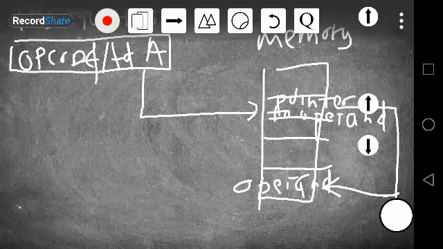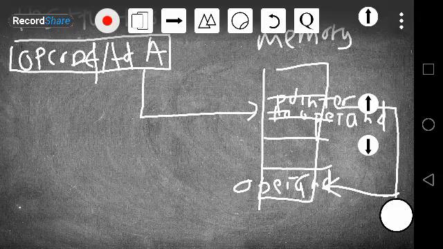As you can see, the address A in the instruction is pointing to a pointer. That pointer is now pointing to the operand, or the actual data. That's the reason why I've been saying it slows down execution, because there are so many memory lookups in the indirect addressing mode.